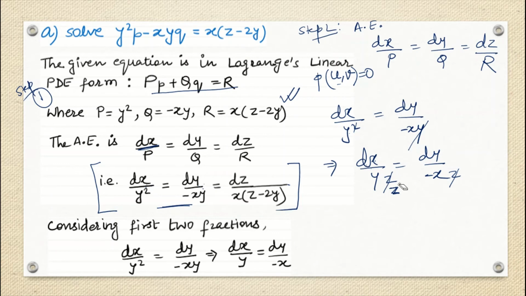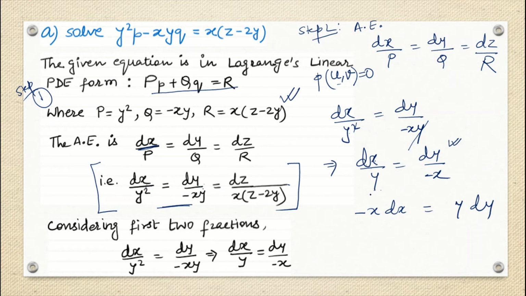So it is better to choose in such a way that if x and y are present, the denominator also contains x and y, and similarly if x and z are present, your denominator will be free of y and so on. So this form is okay, because I can write here minus x dx equals y dy. Fine.